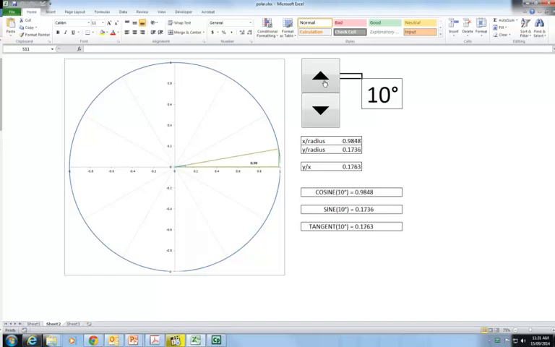The x value, which is the amount across, is a set amount for every angle. And the y value, which is the amount up, is a set value for every angle. Similarly, the ratios, for instance the y, the amount up, divided by the x, are set and unique values for every angle.